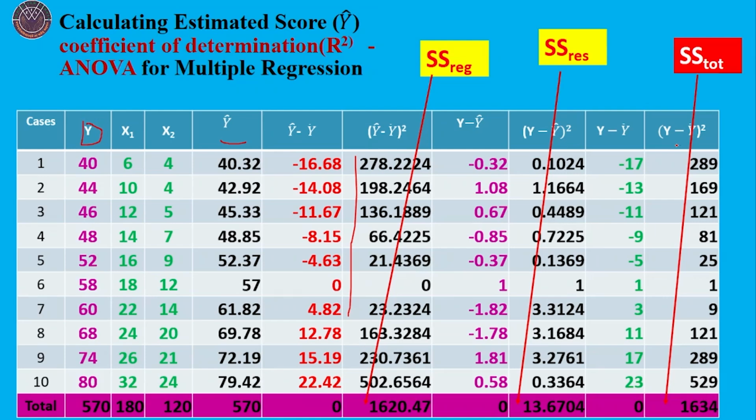So we have got the regression sum of square as 1620.47, the residual sum of square as 13.670, and the total sum of square as 1634. After this, we can go for constructing the ANOVA table, and we can go for the F test.